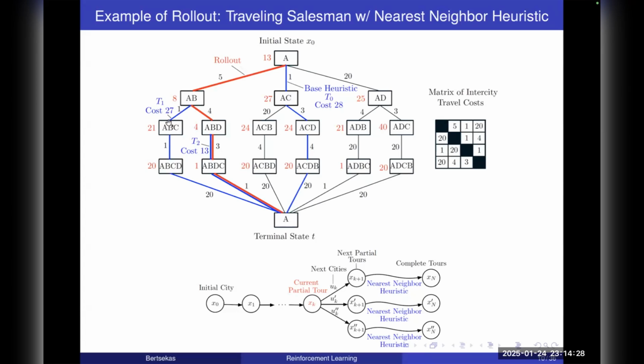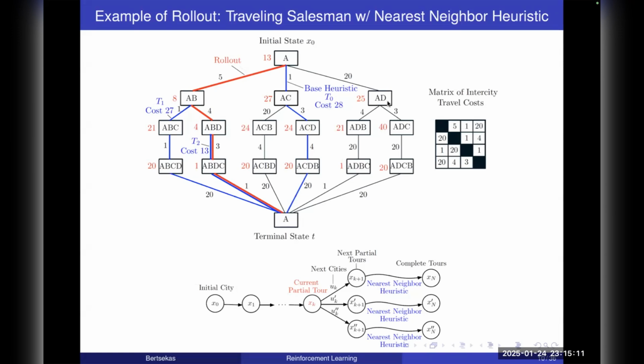The closest one is C. So we go to C, and then we go to D, and then to A. And the cost of this tour is 5 plus 1 plus 1 plus 20, so that's 27. From here, we consider city C and the nearest neighbor heuristic going from it to city A, and the base heuristic gives us this trajectory, and the overall trajectory has cost 28. So we prefer this one to this one.